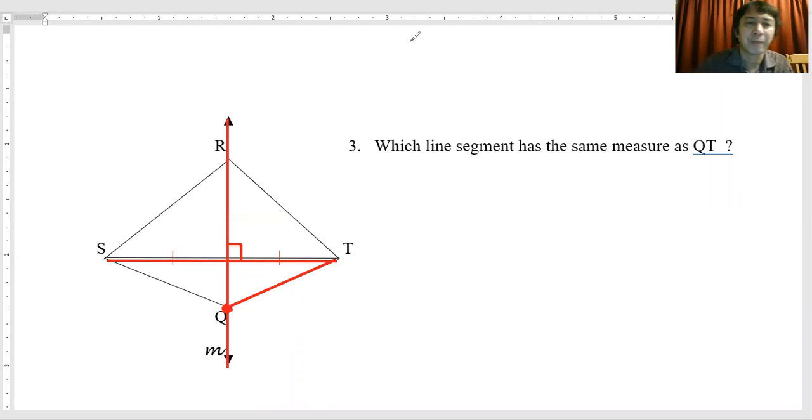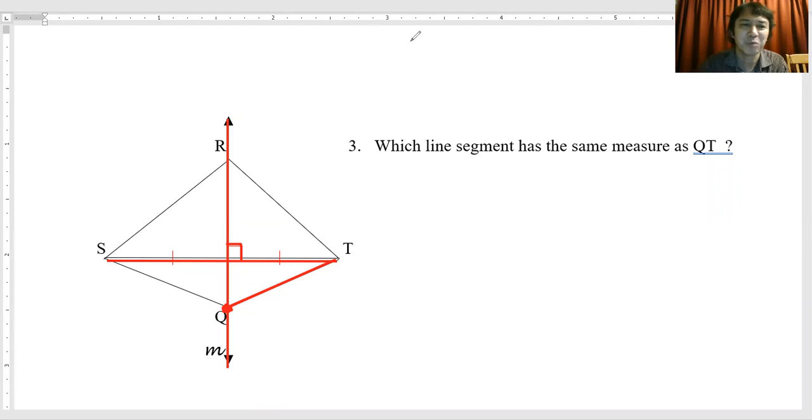There. And since we know that line M is a perpendicular bisector of line segment ST, we have this particular theorem. If a point lies on the perpendicular bisector of a segment, then that point is equidistant to the endpoints of the segment.